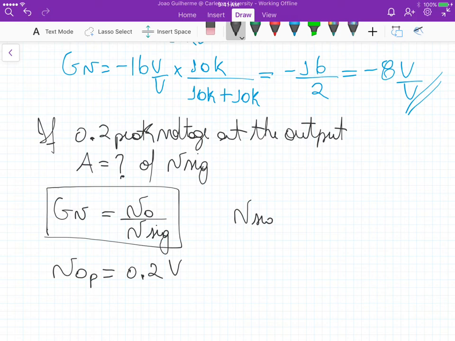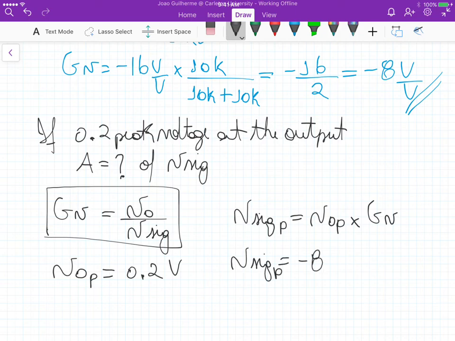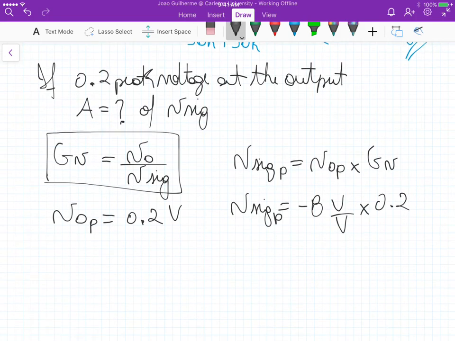So V signal peak should be equal to V out peak times the overall voltage gain, and this gives us a V signal peak equal to minus 8 volt per volt times 0.2. Oh, sorry, no, that's not correct.